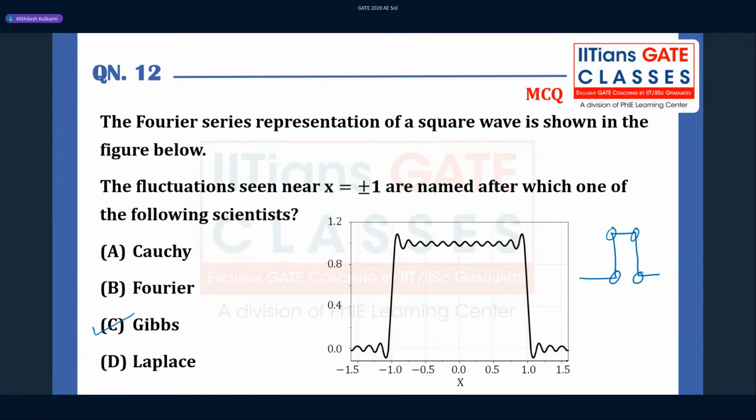So this fluctuation is nothing but the Gibbs phenomenon, and the scientist Gibbs highlighted this phenomenon. That's why option C is correct in this case.